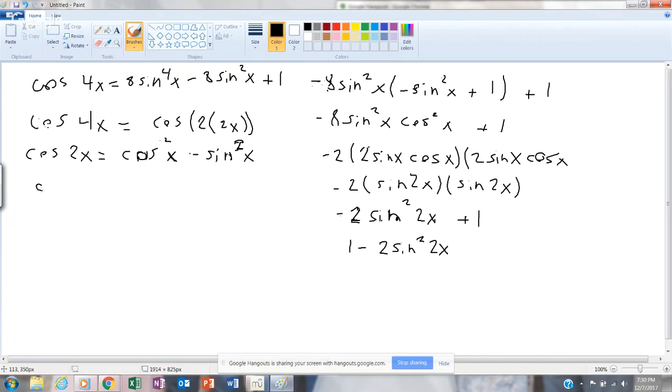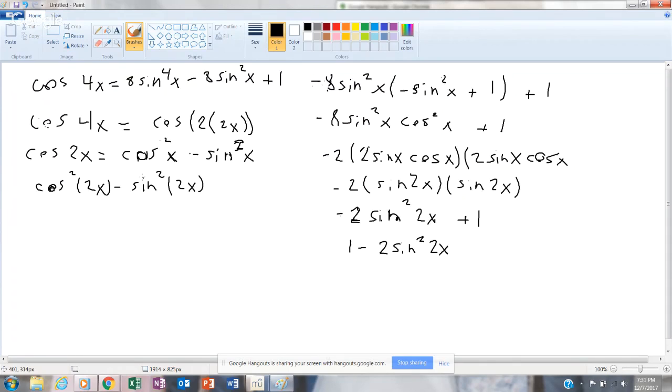So we have cosine squared of 2x minus sine squared of 2x is equal to cosine of 4x.